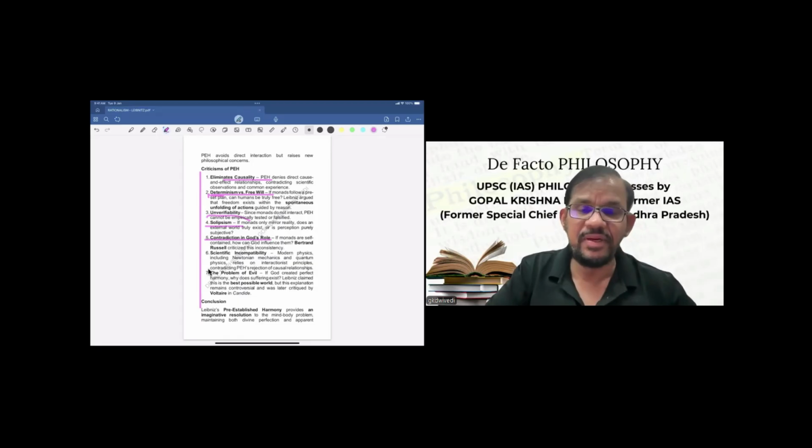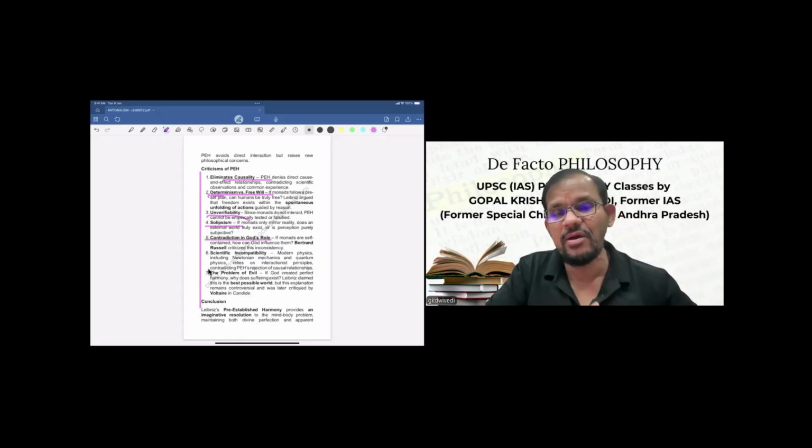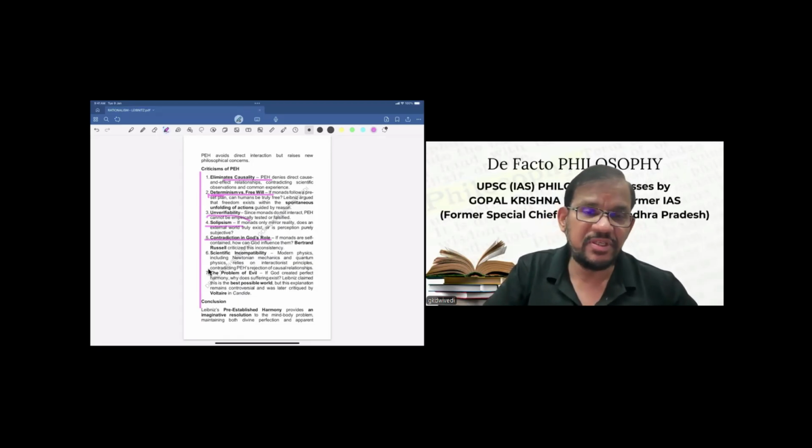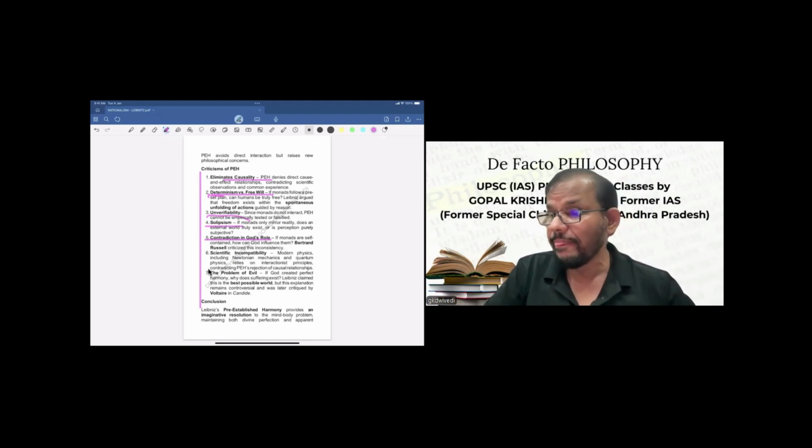On the one hand, Leibniz says that no monad affects another. Still, God being a monad is able to establish harmony. This is a contradiction. Then scientific incompatibility: modern physics also does not support this argument. Then the problem of evil. Leibniz claimed that this is the best possible world, but this is a determined world. So if everything is determined, then why should there be evil? This again is a problem.